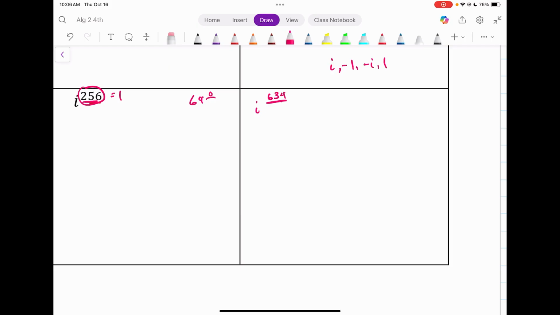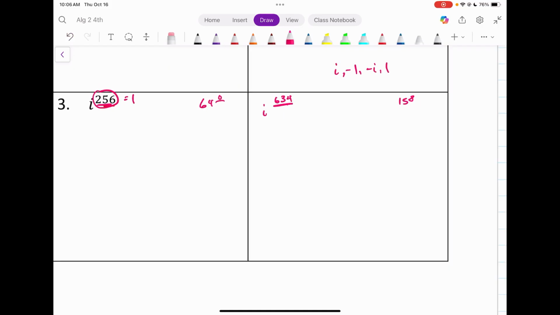That's going to be 158 with 2 left over. It's not a multiple of 4, however, since you have the 2/4 remainder, it's going to fall right here, and the value is going to be negative 1.